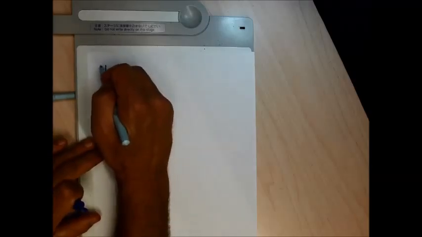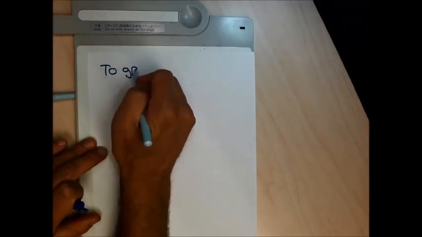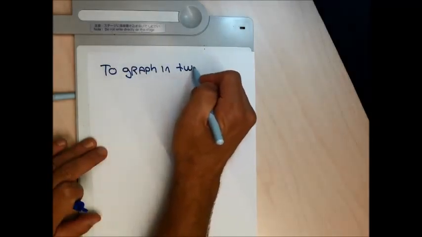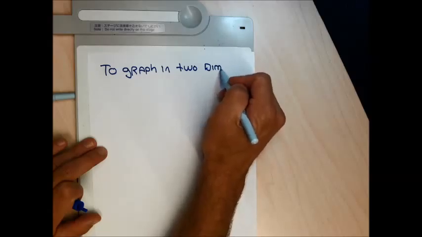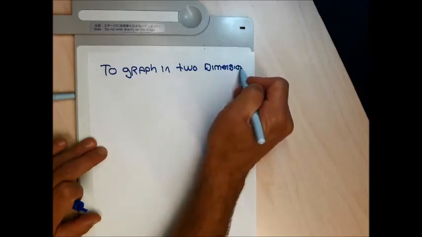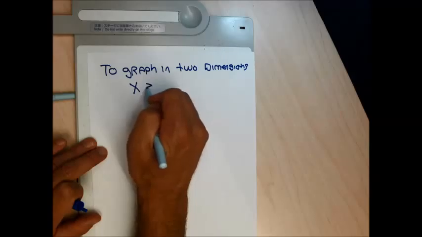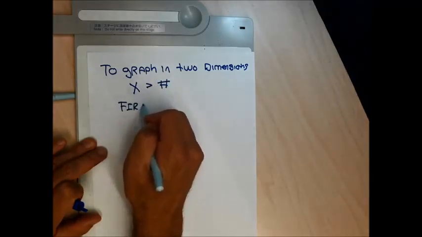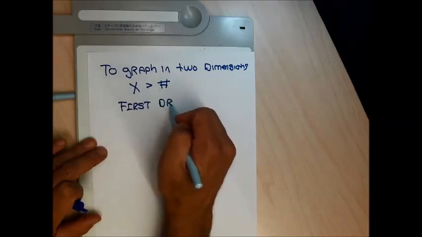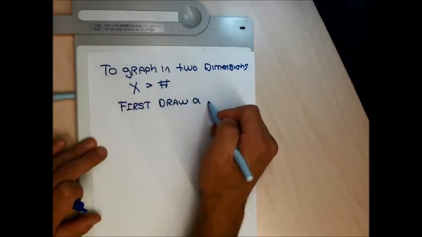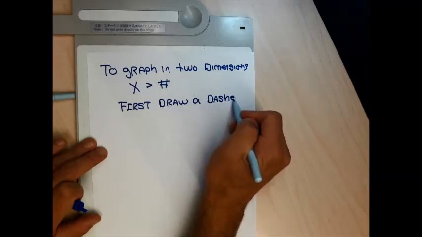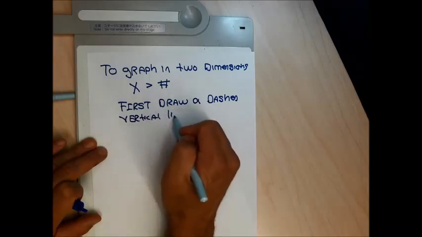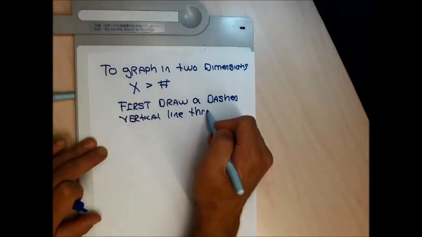So to graph in 2 dimensions, as opposed to on a number line, so on an xy axis, which I mean in 2 dimensions, x greater than some number, we first draw a dashed vertical line through that number on the x-axis.